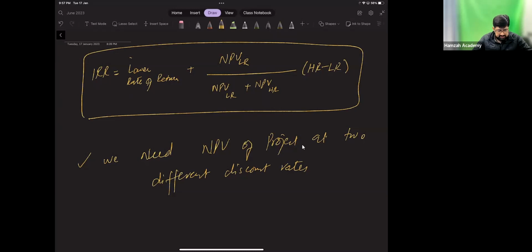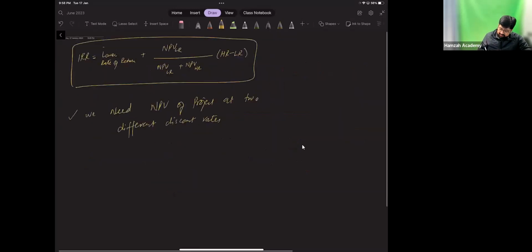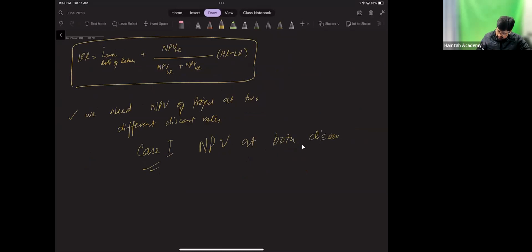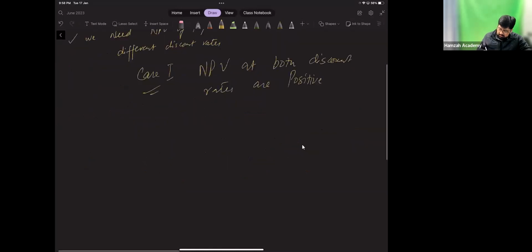Now, next. Students, basically, how it is calculated. Now, try to understand. For example, case 1: NPV at both discount rates are positive. You see, this is the discount rate.